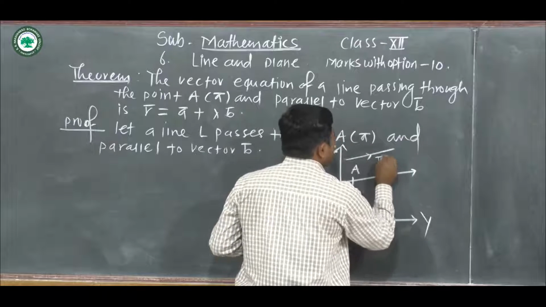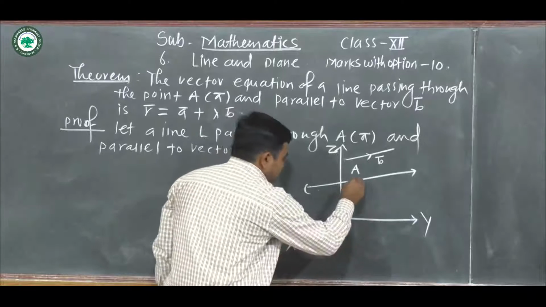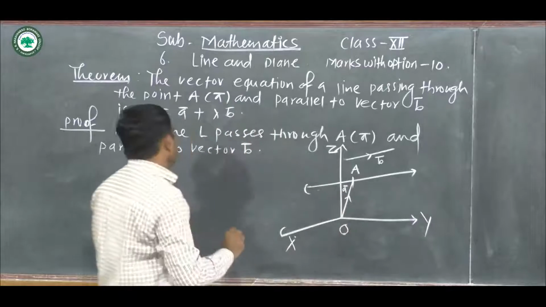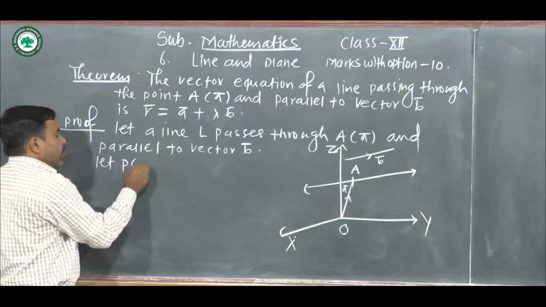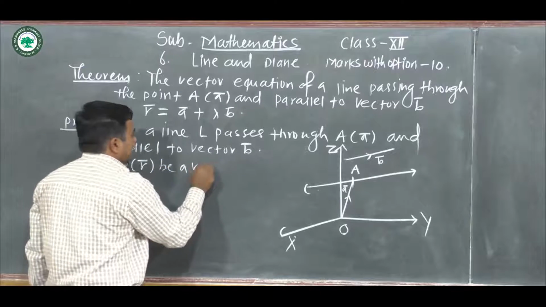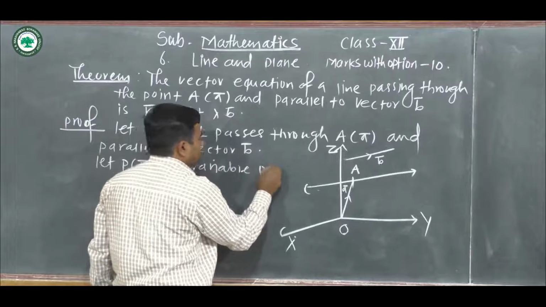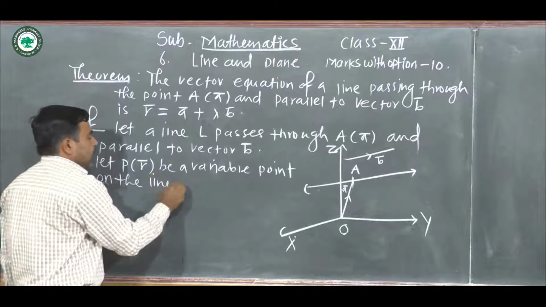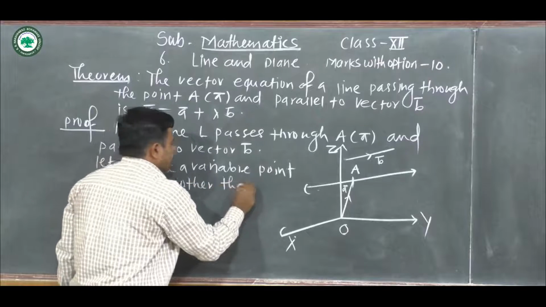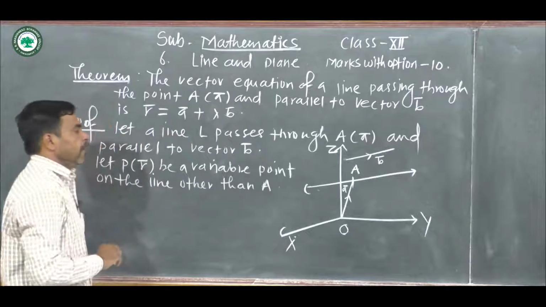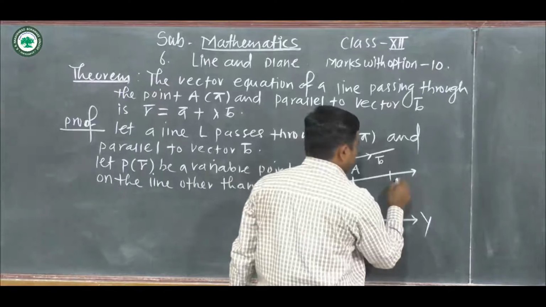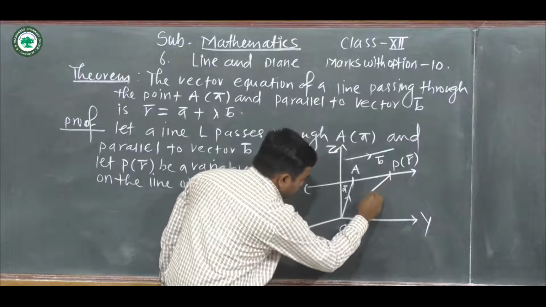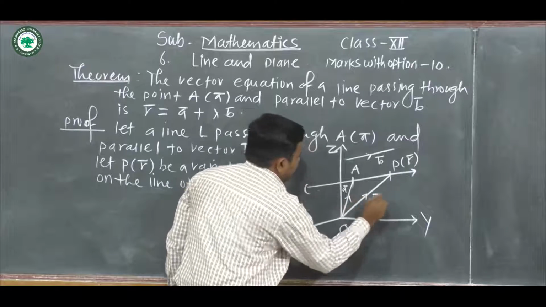This is vector B. So this is A bar. Let P with R bar be a variable point on the line other than A. So that point P is here with position vector R bar. If we join, so this is R bar.